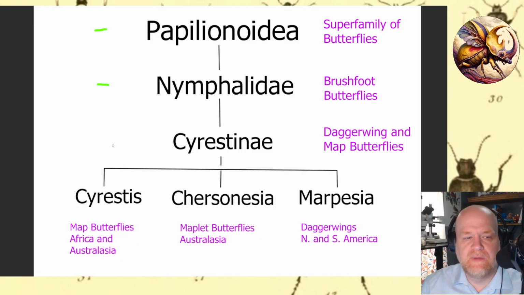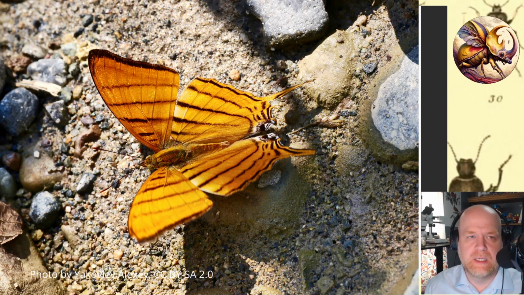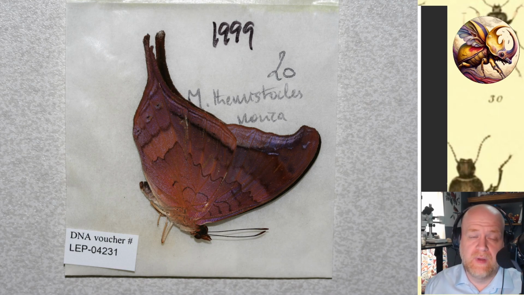The first subfamily that I wanted to talk about are the Cyrestinae. The Cyrestinae are the daggerwing and map butterflies, and they tend to have wings heavily patterned with perpendicular lines. They also tend to be associated with tropical environments and with things like ficus.